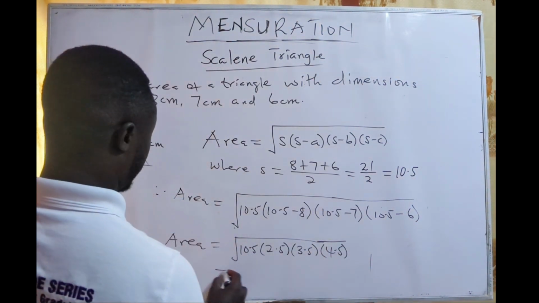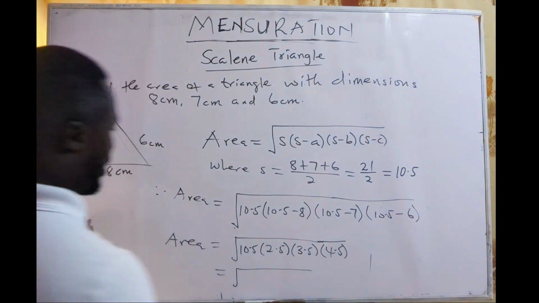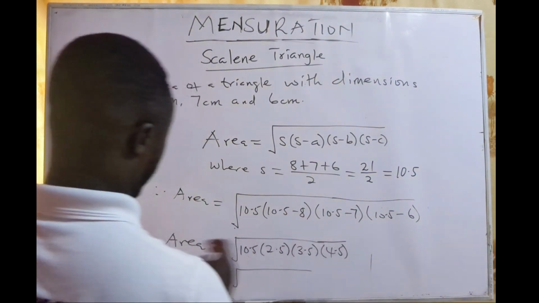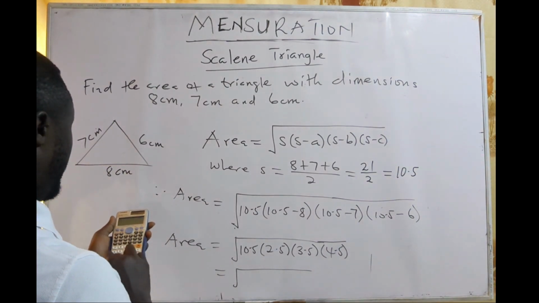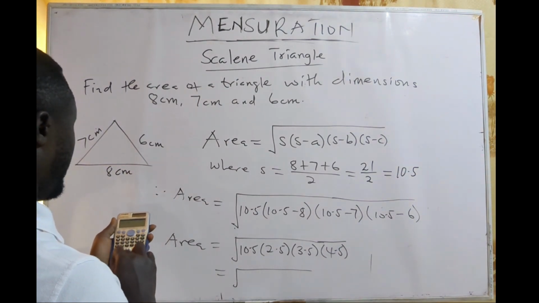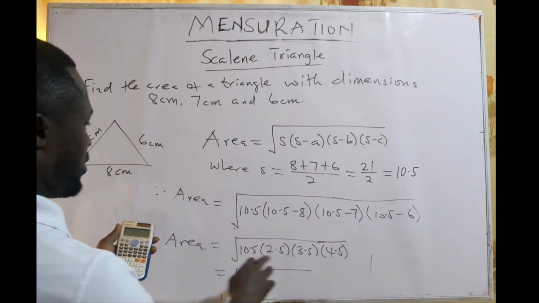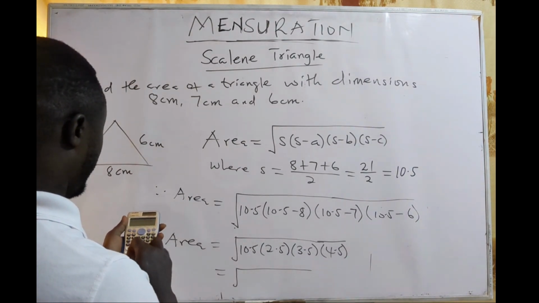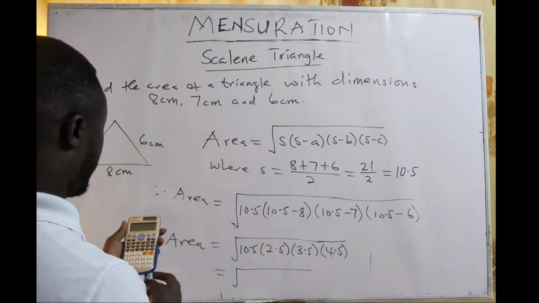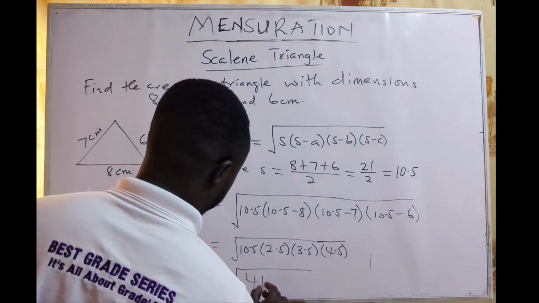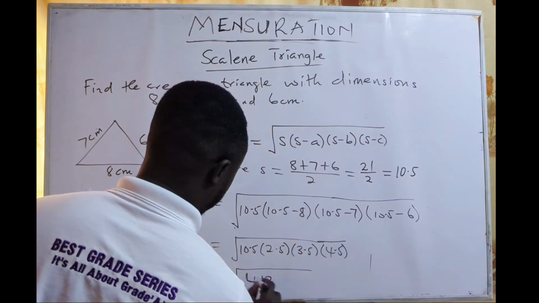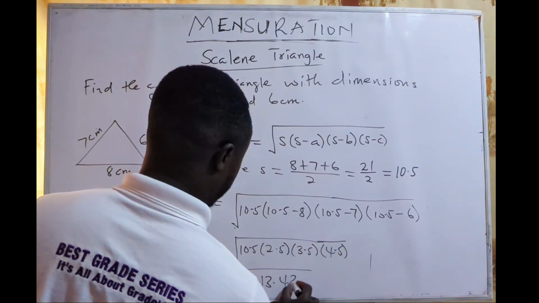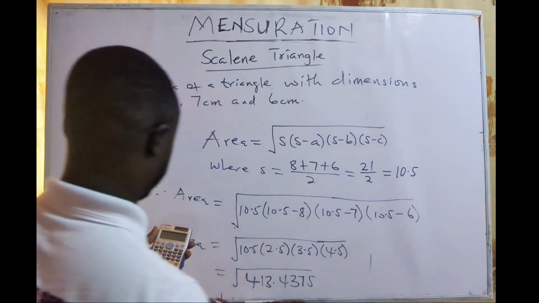So our area will be 10.5 times 2.5 times 3.5 times 4.5, and that will give us 413.4375.